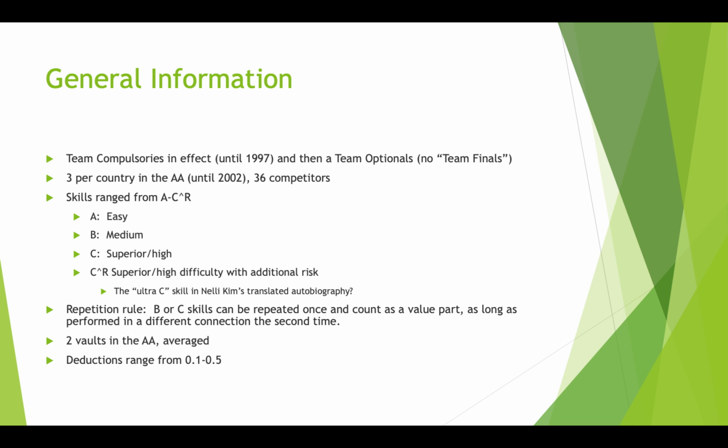There was no team finals. The team competition was actually decided by some combination of the scores from the compulsories and the optionals. In the all around, 3 gymnasts per country were still competing with a total of 36 competitors.